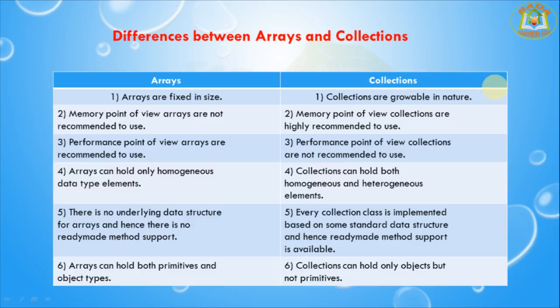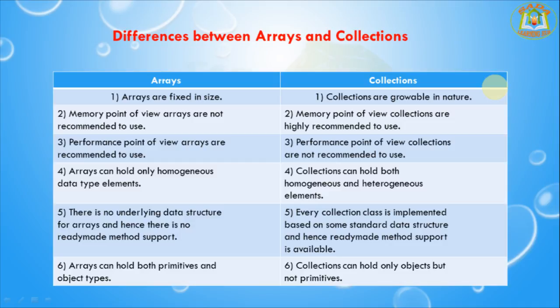Arrays can hold only homogeneous data elements. Homogeneous data elements means whichever type of array we created, only that type of elements can be stored into that array. But collections support homogeneous and heterogeneous elements.